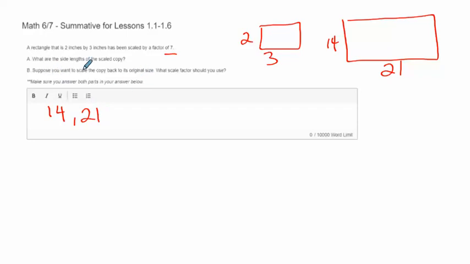Then it says, suppose you want to scale it back to the original. Well, when I went from here to here, the scale factor was 7. So if I go the opposite direction, it's going to be that fraction, 1/7. So the scale factor, going from the big back to the small, would be 1/7.